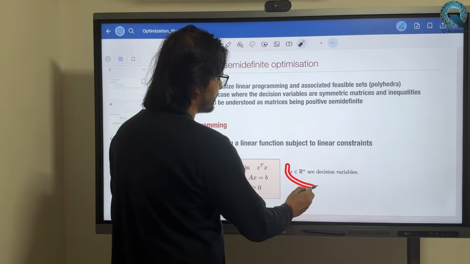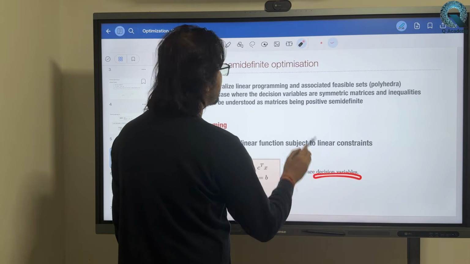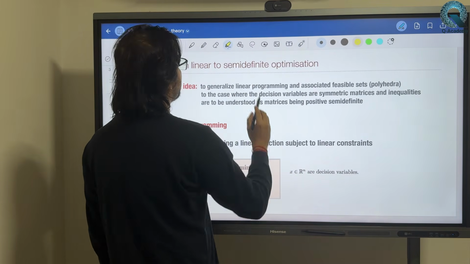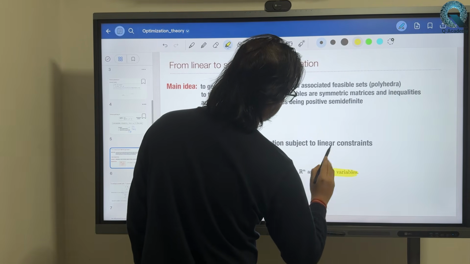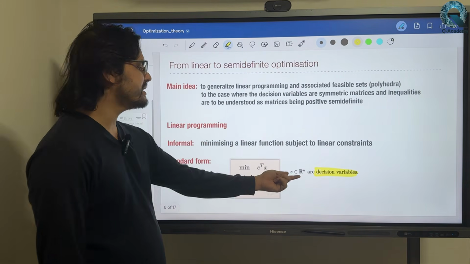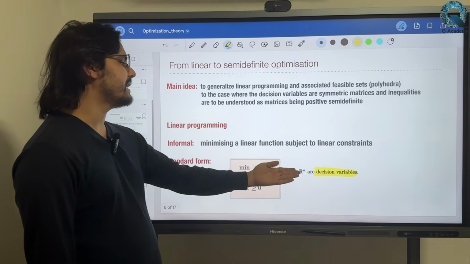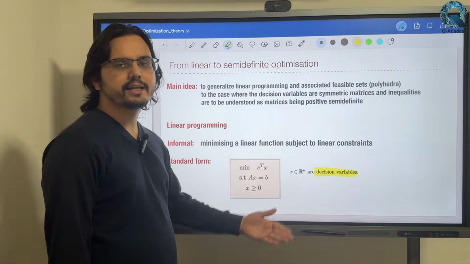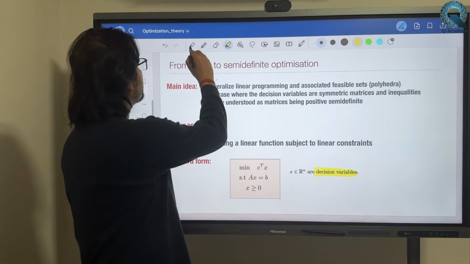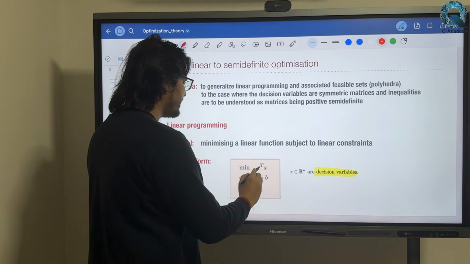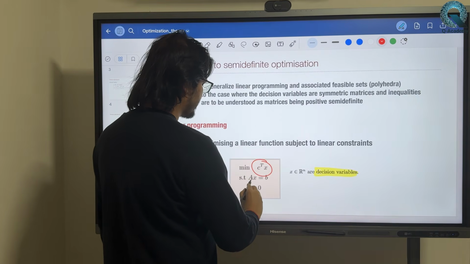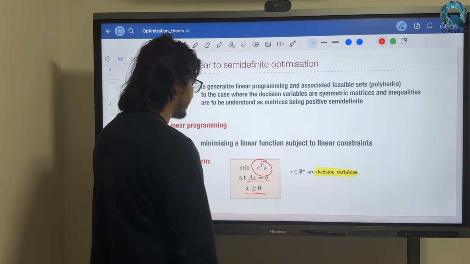Here X, which belongs to Rn, are called decision variables. In the case of SDP, these decision variables will be matrices. So you are trying to minimize C transpose X such that Ax equals B and X greater than or equal to 0.